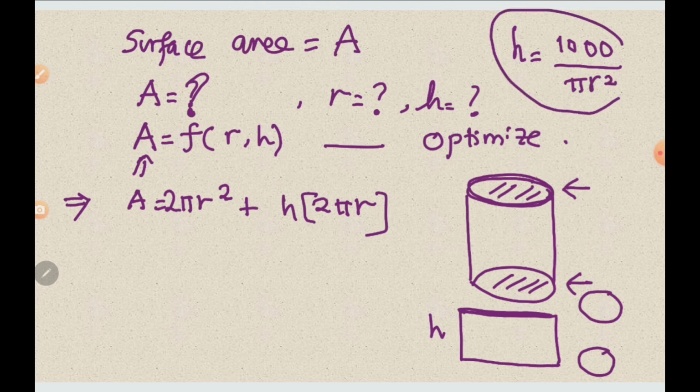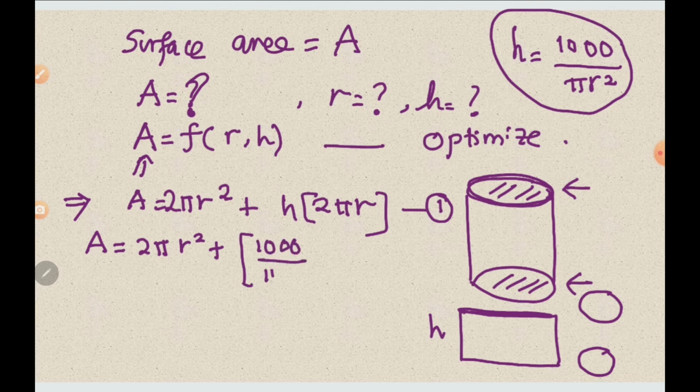So we will substitute h into the equation here. I call this equation number 1.